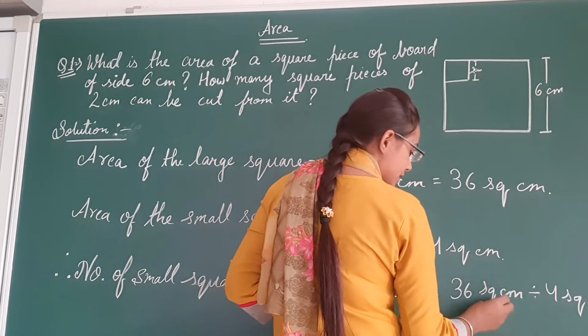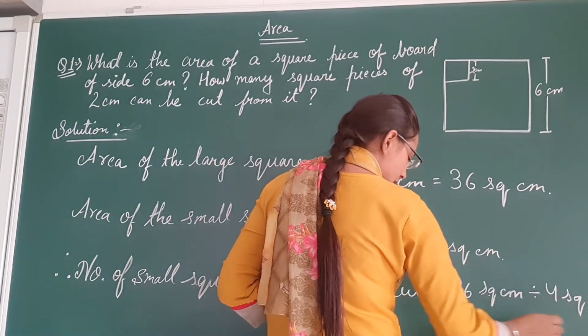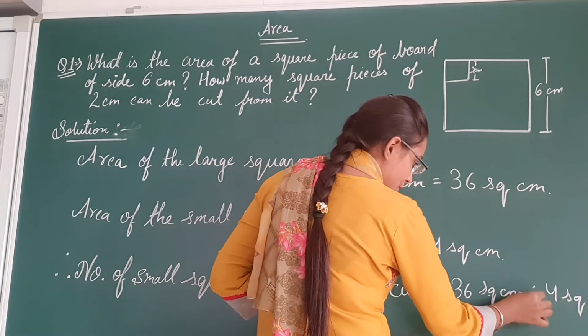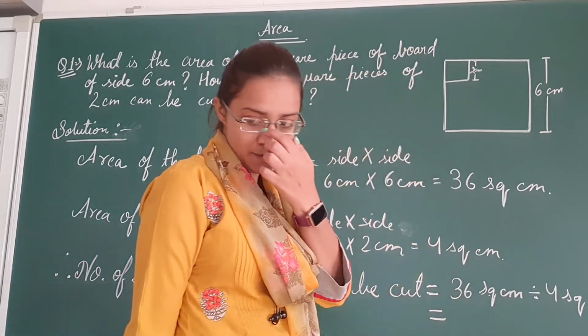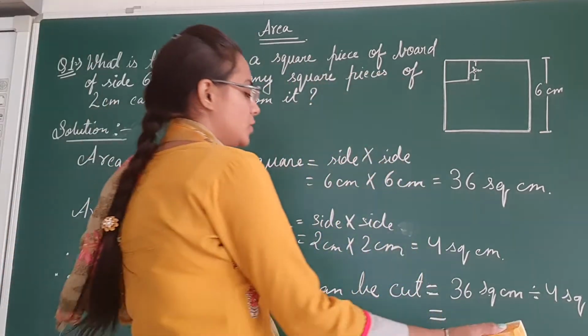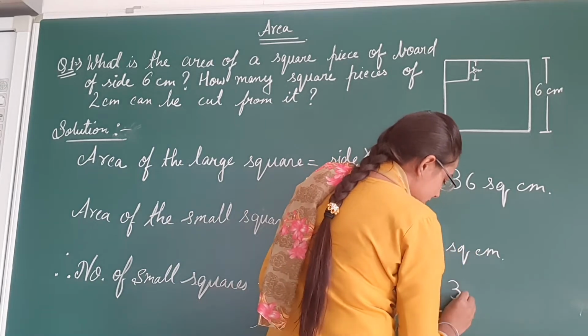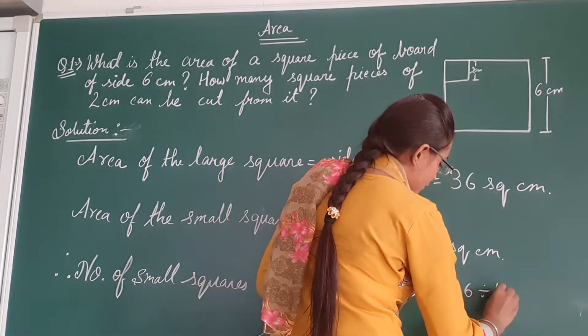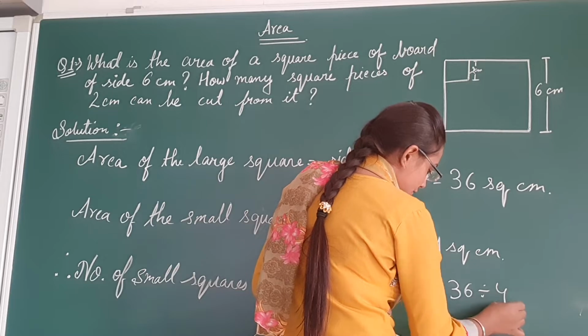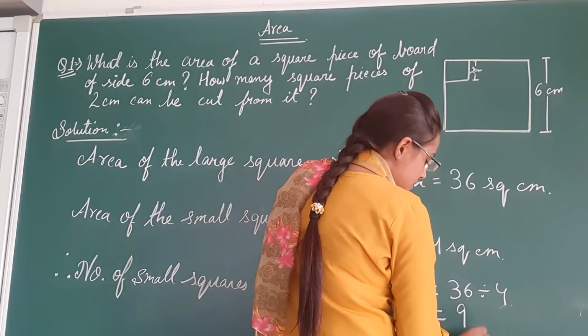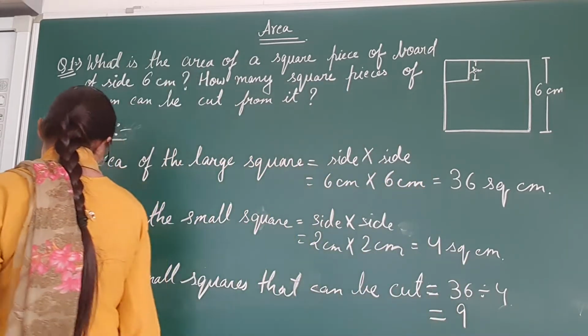Square centimeter and square centimeter will cancel out. We just have to divide: 36 divided by 4 is, in 4's table, 36 comes 9 times.